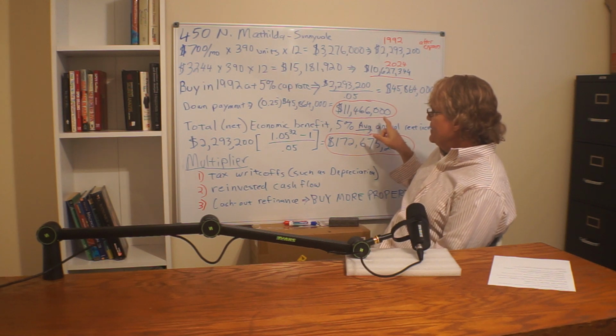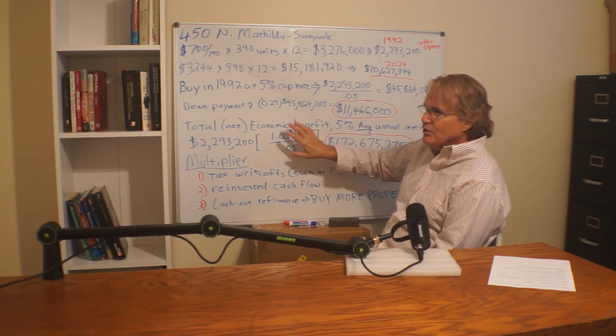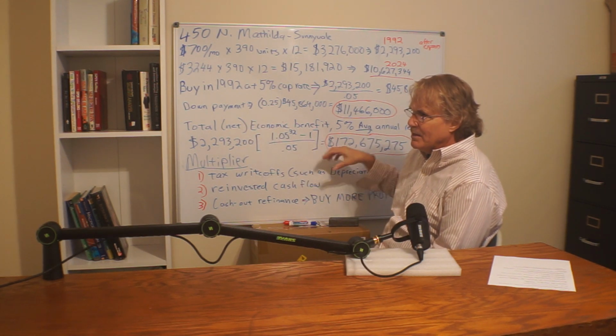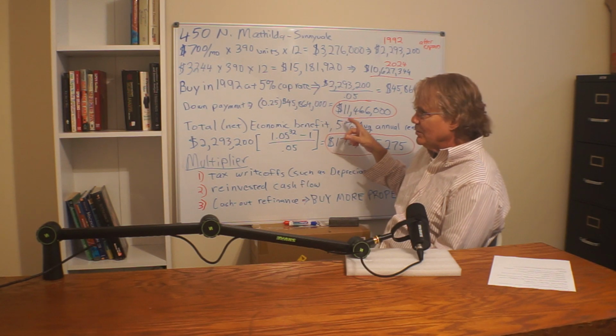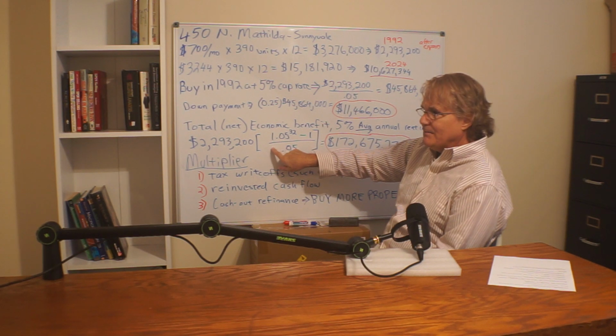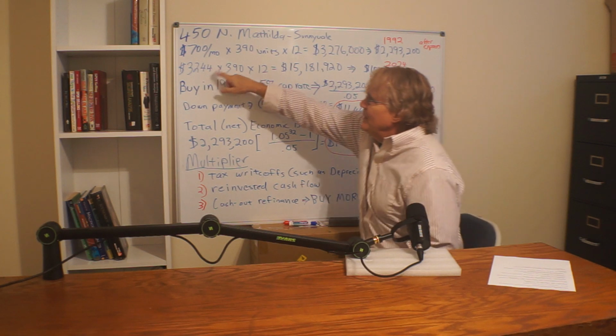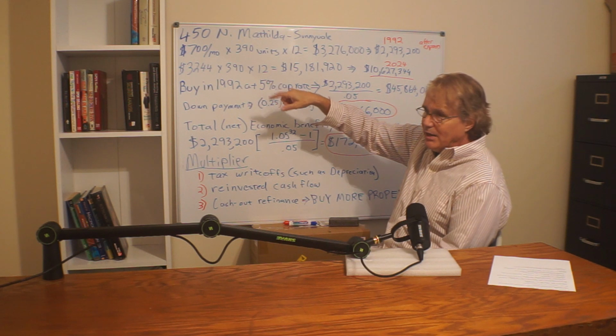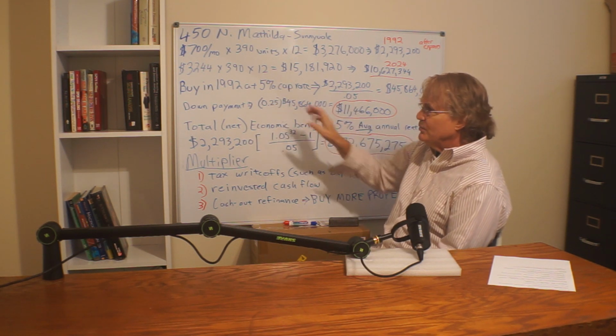And then the next thing I wanted to do was figure out what the net economic benefit was through time of this investment. How did things work out? So I used the future value of an annuity formula. If you do the math here, you'll see that they did a 5% rent increase on average each year through time.